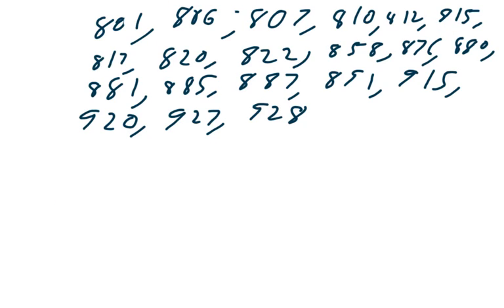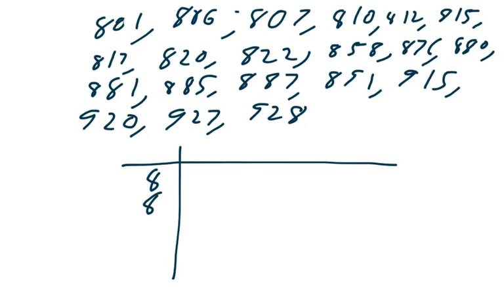Alright, so for this one, let's just say that this was people's, I don't know, what time they wake up in the morning or what time they actually get to work in the morning, however you want to do it. But we have this list of numbers and we just wanted to make a stem plot. And what I'm going to do is I'm going to split them.